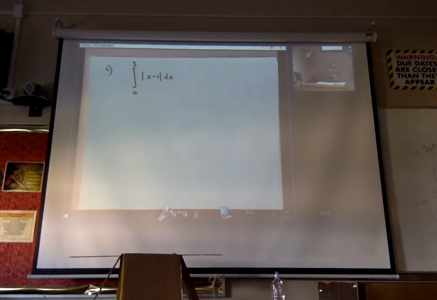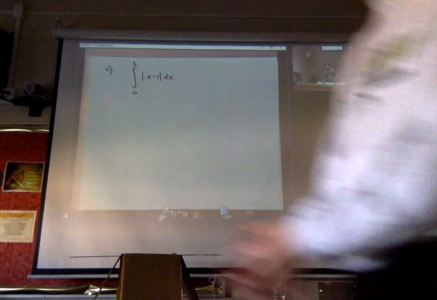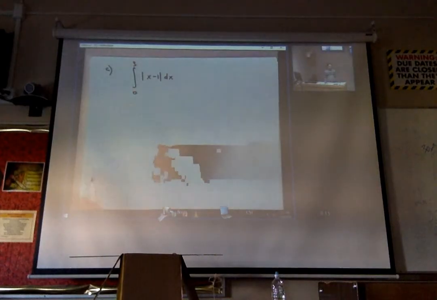Now, overall, it's easier to find this integral by graphing it than by using procedures that we will learn in the future. Again, it's much easier to find this integral by graphing than actually going with the procedure.